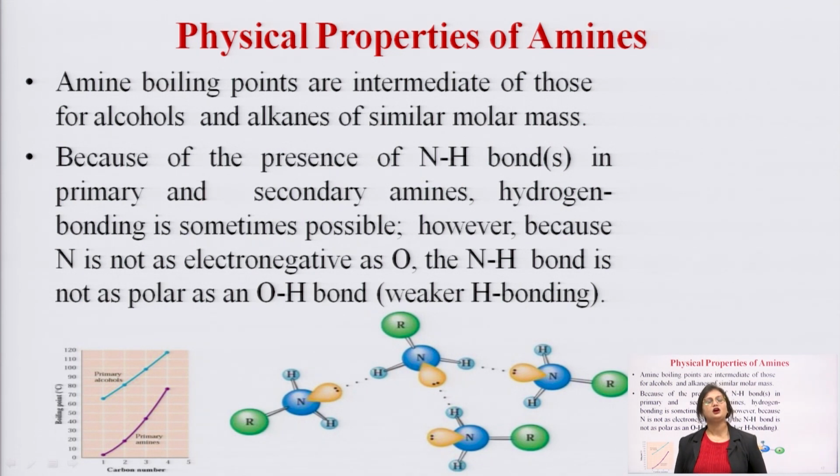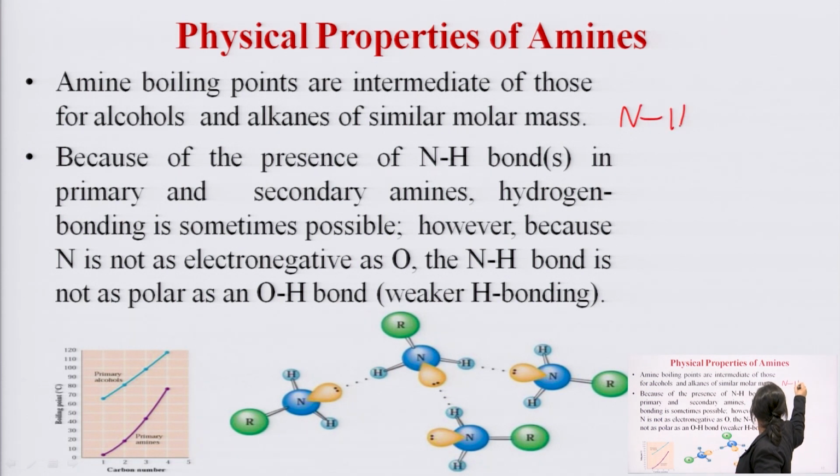Because of the presence of NH bonds in primary and secondary amines, hydrogen bonding is sometimes possible. Hydrogen bonding due to the presence of the NH bond is seen. This increases the boiling point.